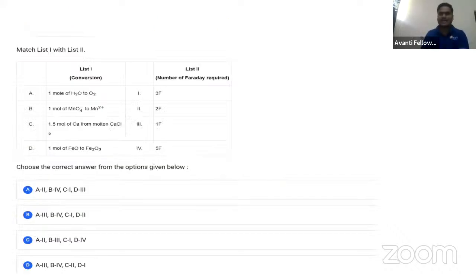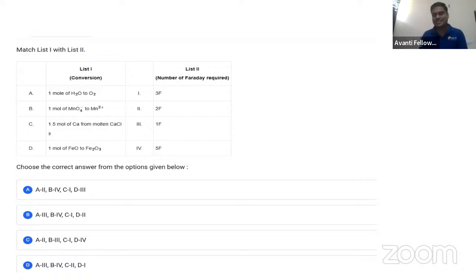Now next question है, आप सभी लोग ट्राई करो सॉल्व करने का. Then I'm going to solve this, right? क्या पूछा है? I'll just explain. In this we have two lists, list 1 and list 2. So in list 1, statements are given like 1 mole of H2O to O2, 1 mole of MnO4 negative to Mn plus 2, 1.5 mole of calcium from molten CaCl2, and 1 mole of Fe2O3.